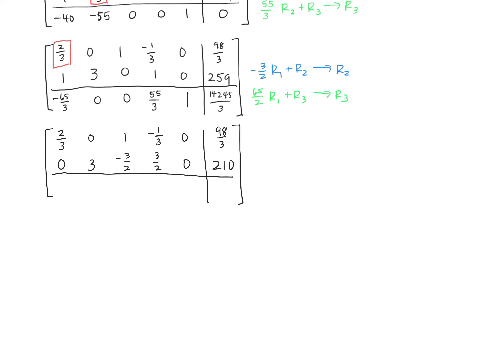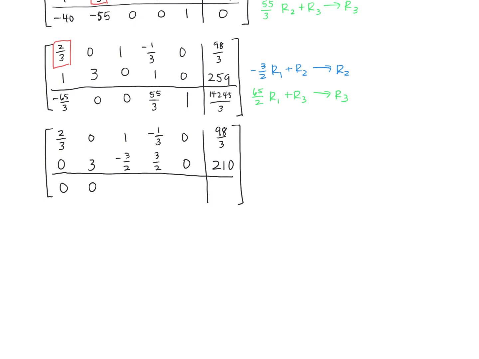So that should give us 210. All right, and then we're going to do something similar for row 3. So we're going to multiply by 65 over 2 to row 1, and then add that to row 3. So when we multiply 2/3 times 65 over 2, we will get 65 over 3, and add that to negative 65 over 3, we get 0. Now we're going to do 65 over 2 times 0, which is 0, plus 0 is still 0.